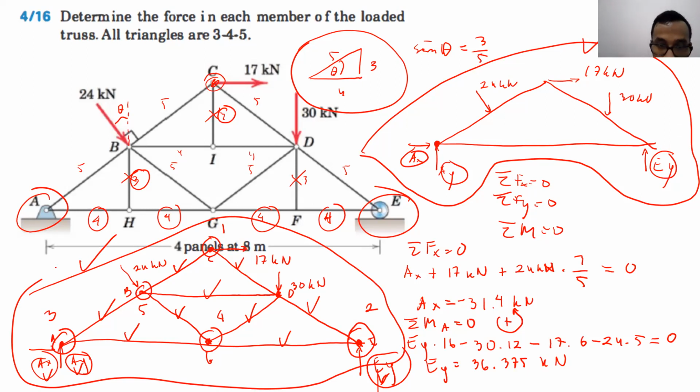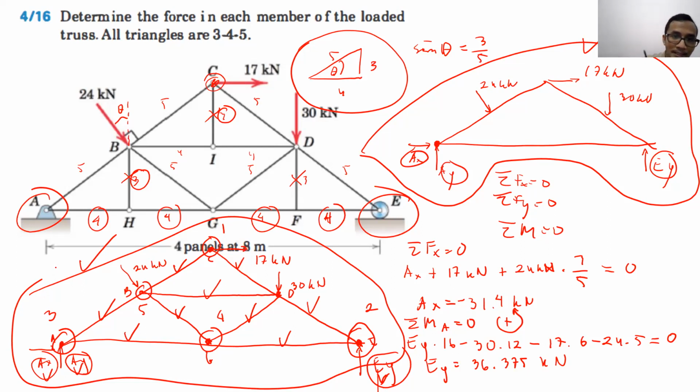Okay, so for those who still confused about this, when you try to solve this particular problem, what you can do is try to draw all the simplified members with all the external forces, and then try to list out which joint only has 2 unknowns. Then start from that particular joint.